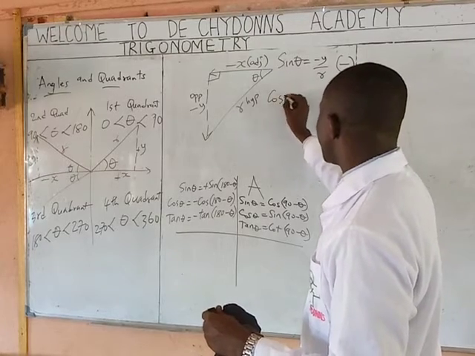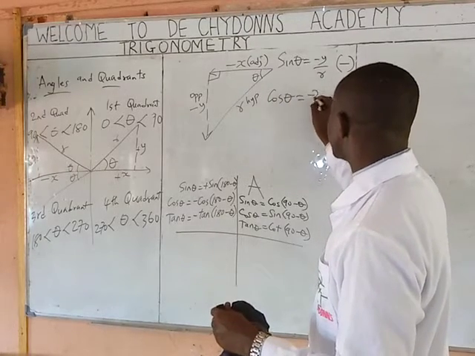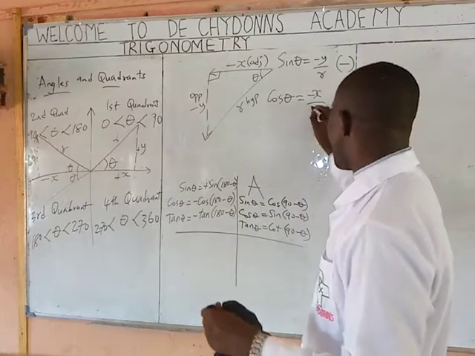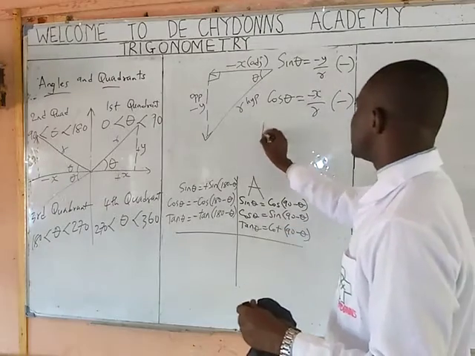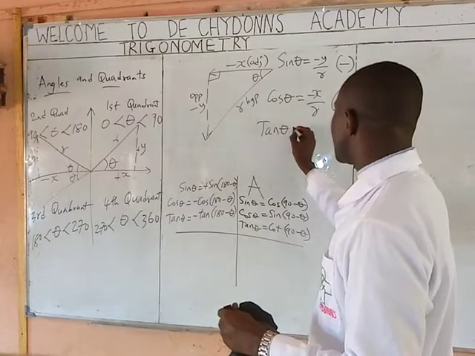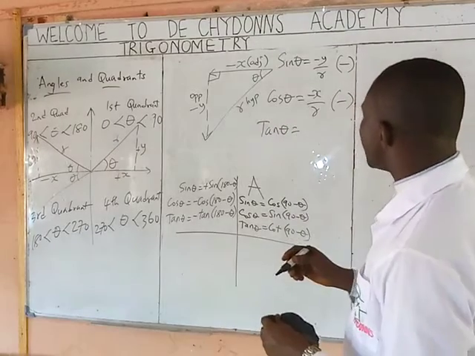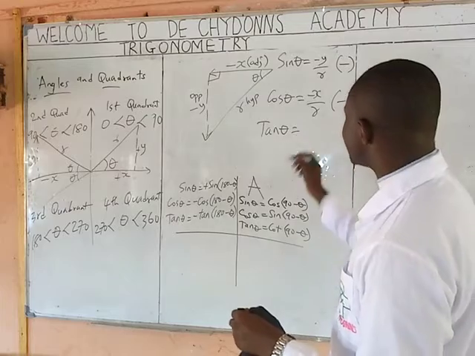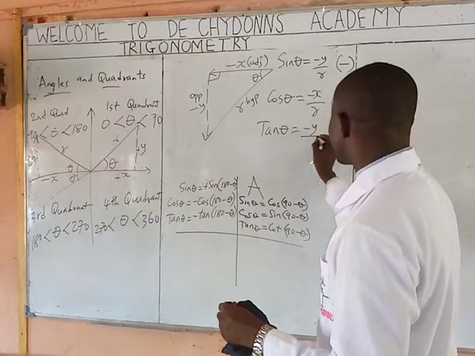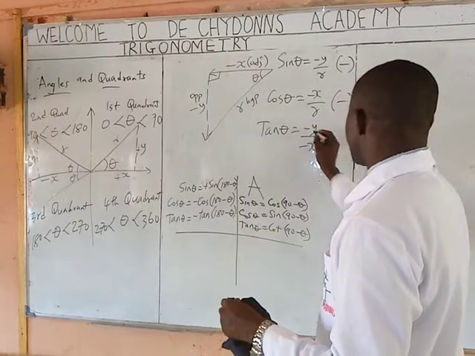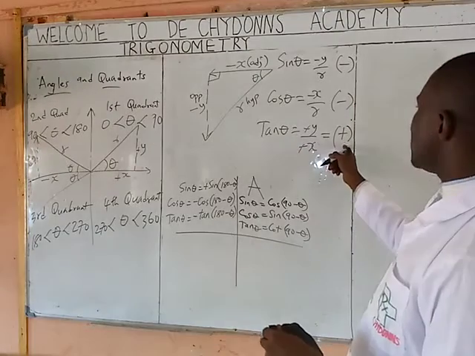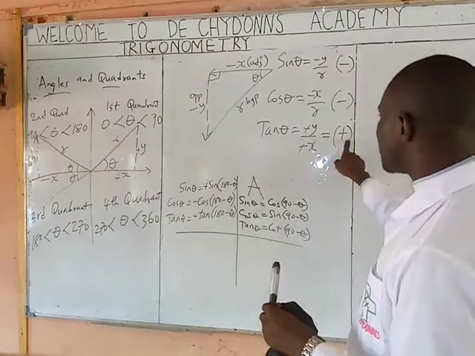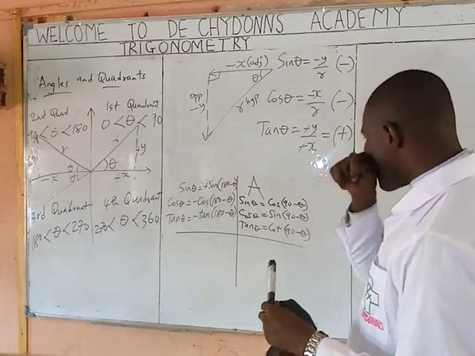Cos theta, adjacent over hypotenuse, minus x over r. Everything is negative because we have negative sign. Then tan theta equals opposite over adjacent. Opposite is minus y, adjacent is minus x. Minus divided by minus, everything will be positive.